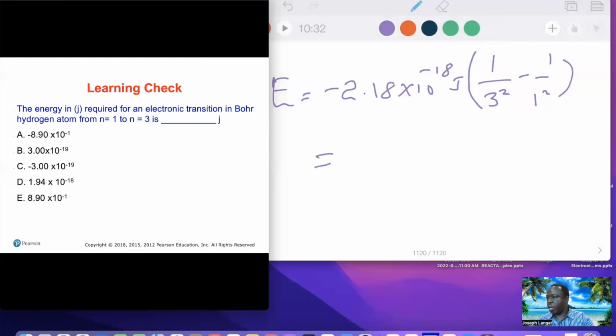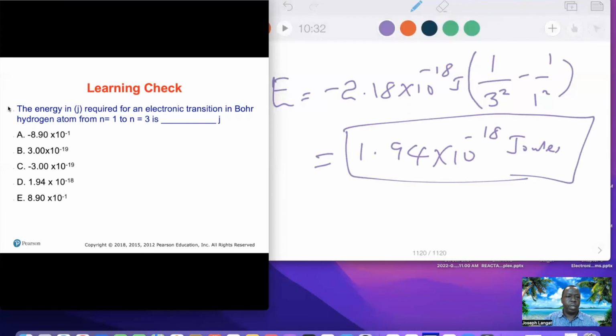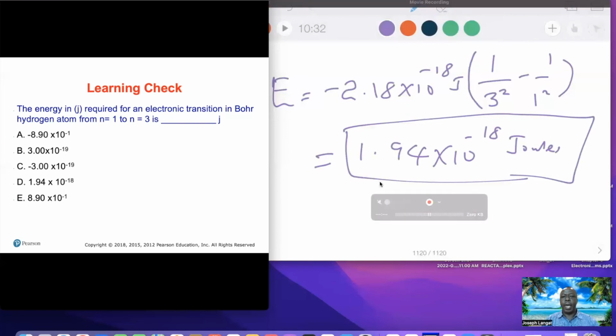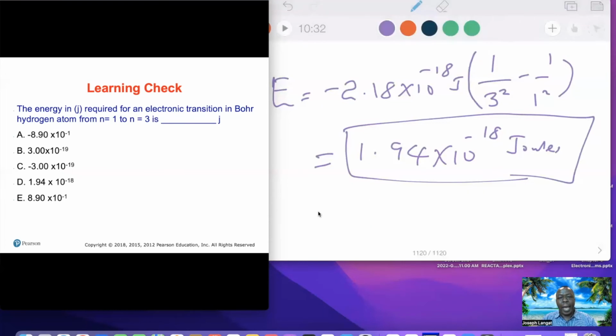It turns out that this is 1.94 times 10 raised to negative 18 joules. This is the energy, and it is positive because the electron is transitioning from lower to upper, so energy is absorbed. Please take note of the sign, because sometimes the multiple choice could have negative or positive signs.